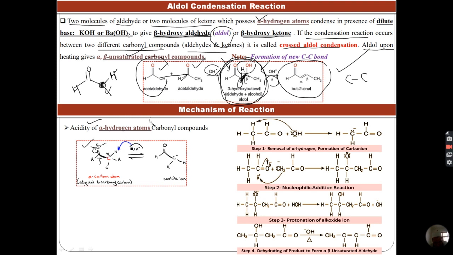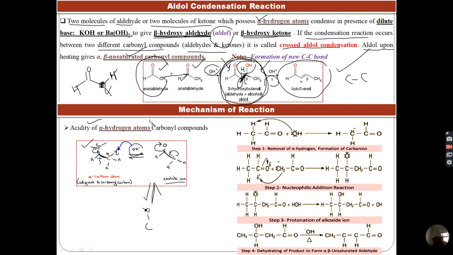So if you have a base present in the medium, the H can be released as H plus. This results in the formation of this compound, called the enolate anion. Enolate ion. Remember this. Now we can make the resonance like this, with a complete shift towards this, so you can show it as O negative.